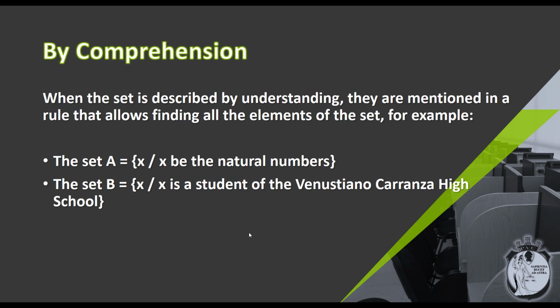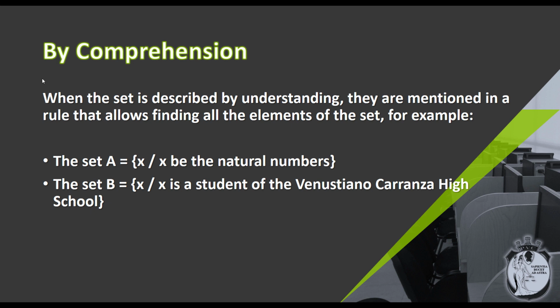The other way to represent a set is by comprehension. Okay, in that case you will create a sentence. Yeah, for example, here the set A: x can be natural numbers. Okay, there are so many.